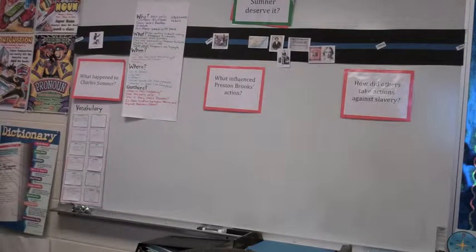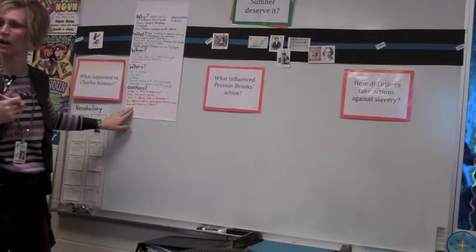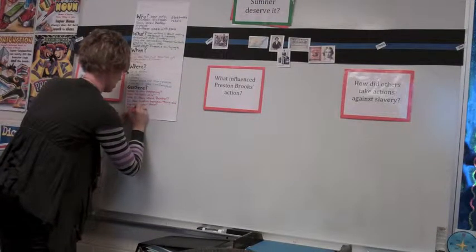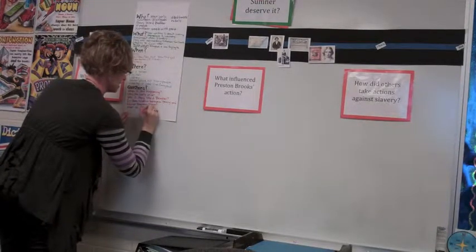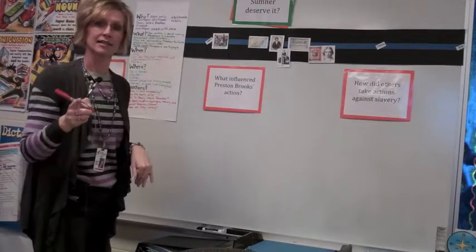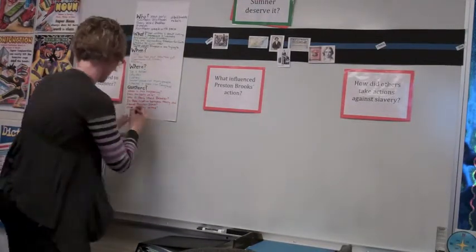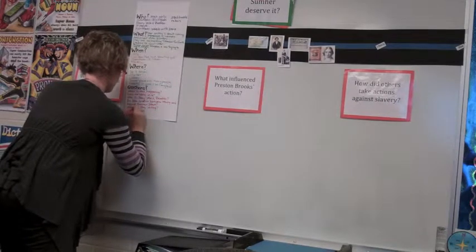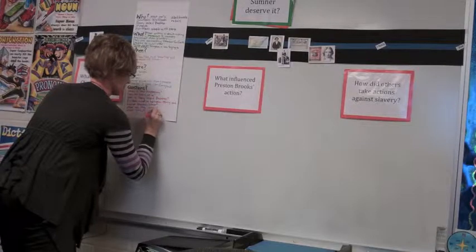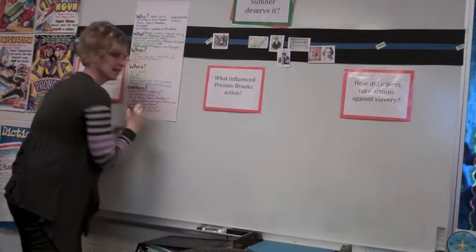All right, Olivia. I was thinking, like, what are they writing? Are they writing a letter or what? What are they writing? Okay. Alexis, what kind of club is it? Okay.